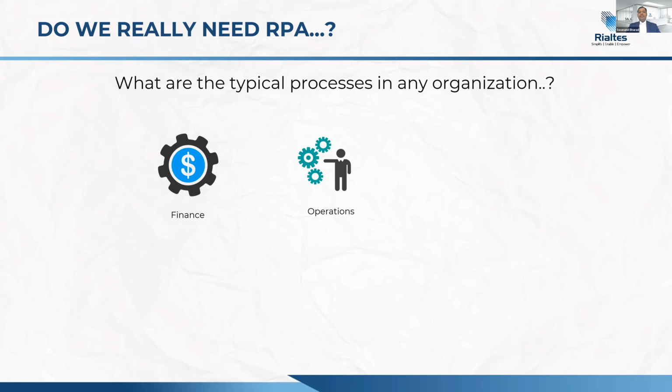Then there is the finance department, where we have multiple processes like accounts payable, accounts receivable, billing and credit, then taxation, report generation, governance, procurement, order to cash. This kind of process we can automate using any RPA tool.